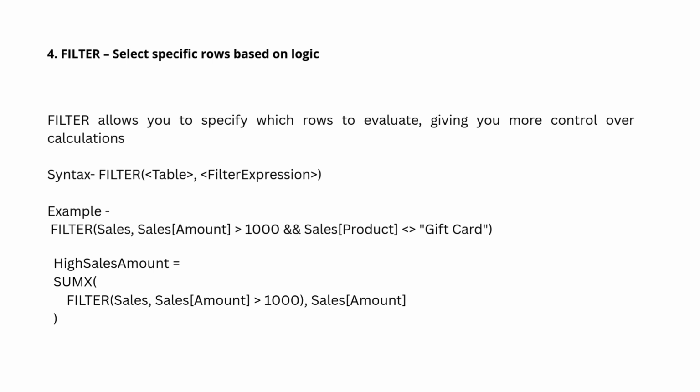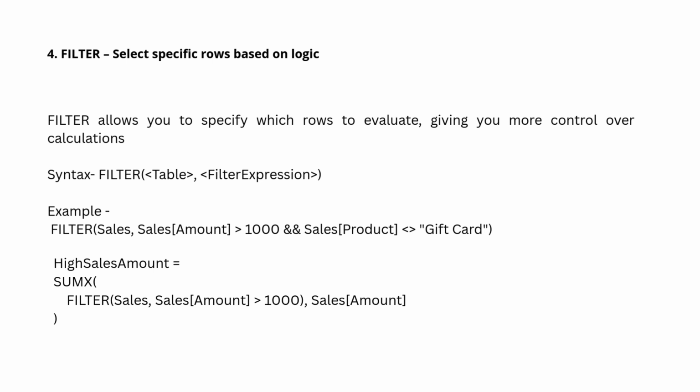This filter expression returns a table type, so we cannot directly use it for a measure, but it is useful when we are using it inside some other function, like CALCULATE, SUMX, or COUNTX. It is useful when we want to apply more complex logic like date range, top category, or some exclusions.